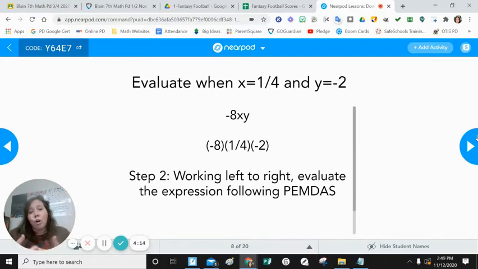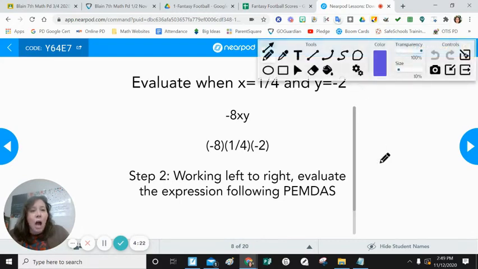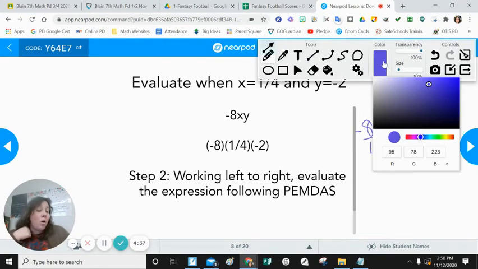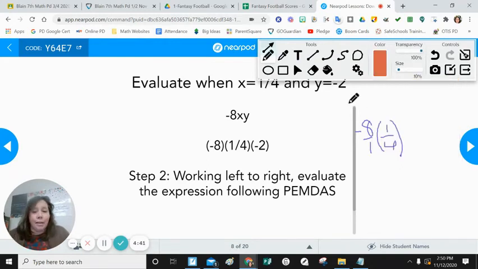So the first two terms I'm multiplying together are -8 and +1/4. When I am multiplying with a fraction, I know that I'm going to have to take the whole number and turn that into a fraction as well. And to do that, I can write it as a fraction whose denominator is 1. So I'm going to write my expression as such.